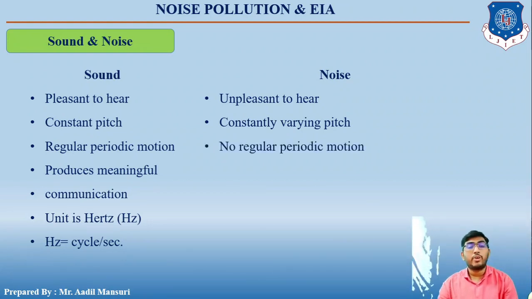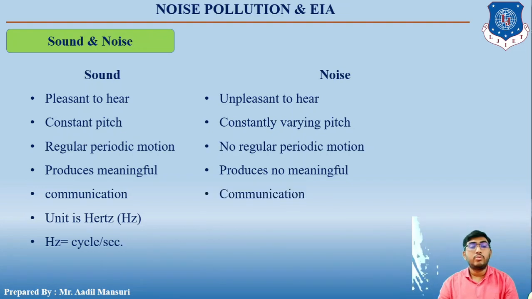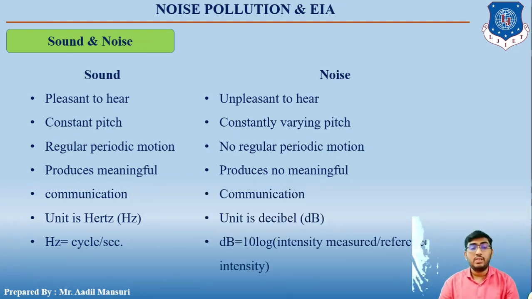There is no regular periodic motion and it produces no meaningful communication. The unit is decibel, and 1 decibel equals 10 log10 of the intensity measured divided by the reference intensity.